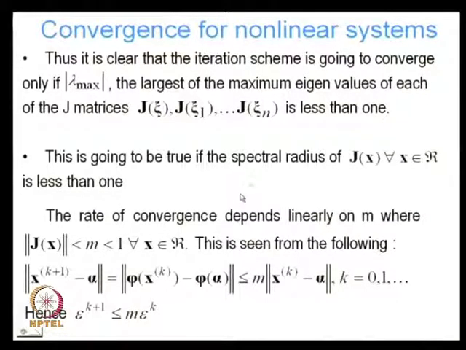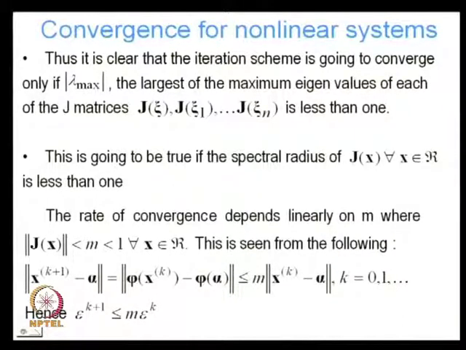That means that the spectral radius of J of x for x belonging to R, because this is going to be true for all these xi's, which all belong to R, so they can be anywhere in R. For this to converge, for any point x belonging to R, J of x must have maximum eigenvalue less than 1.